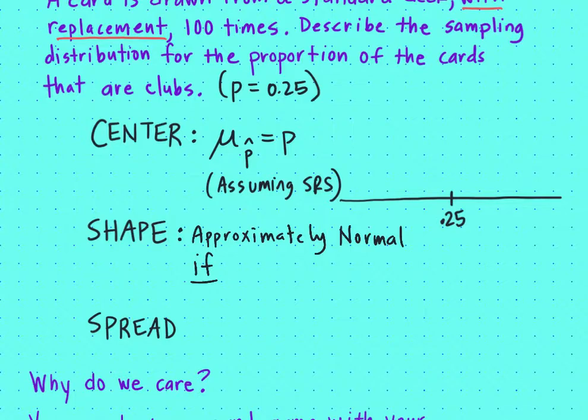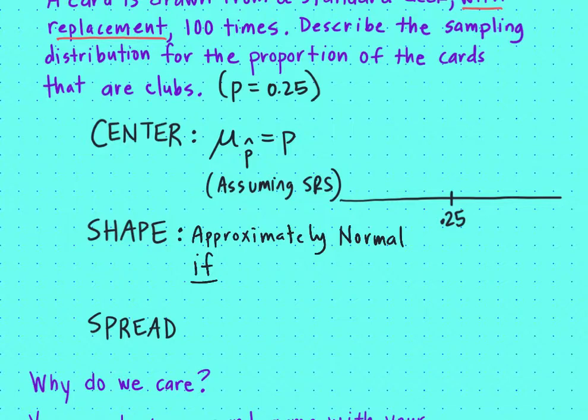Really, this is all based on a binomial situation. I pick a card, I either succeed in getting a club or I fail and I don't. And for a binomial to be big enough, we had to have a combination of trials and probability of success that were big enough to make it approximately normal.